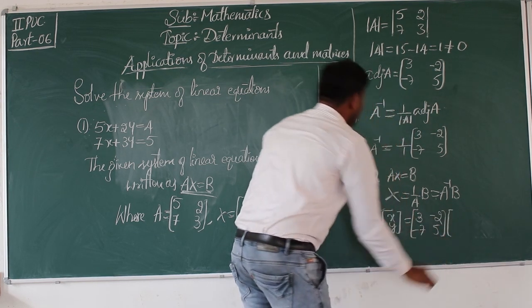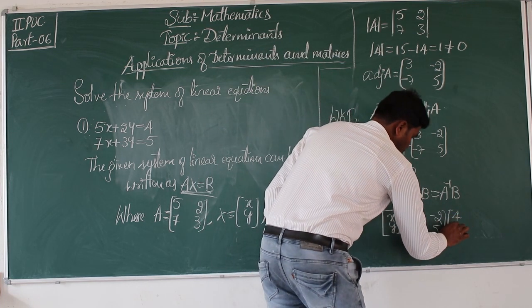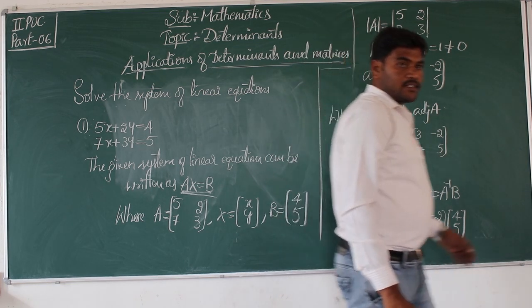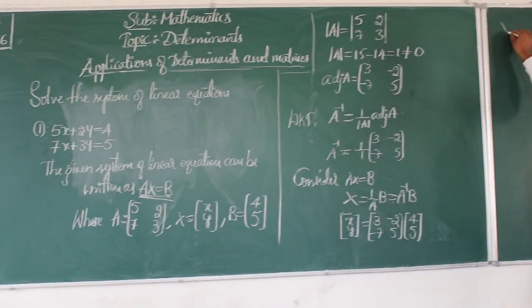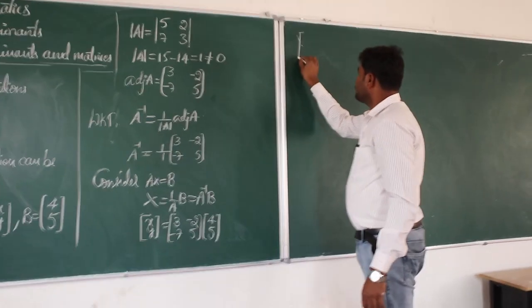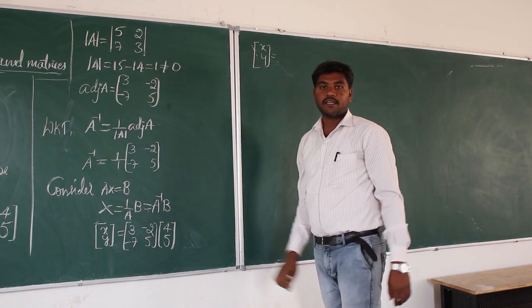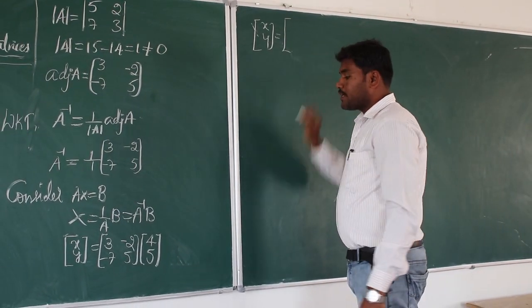What is matrix B? The constant matrix 4 5. Now multiply these two. So the variable matrix xy is equal to the matrix multiplication.